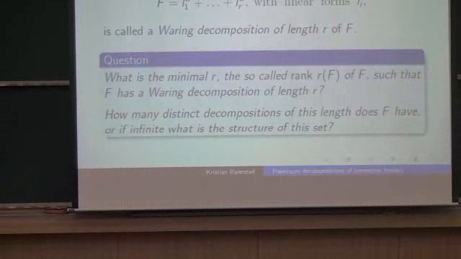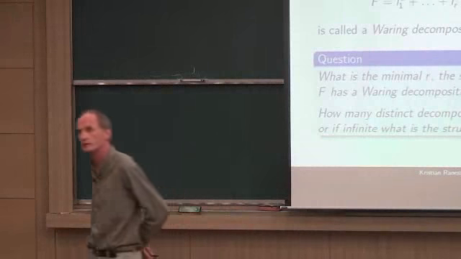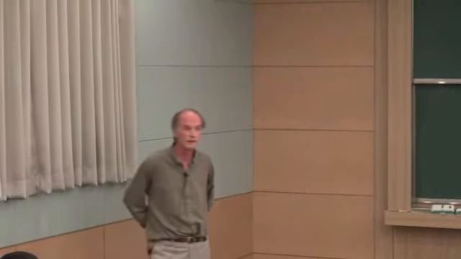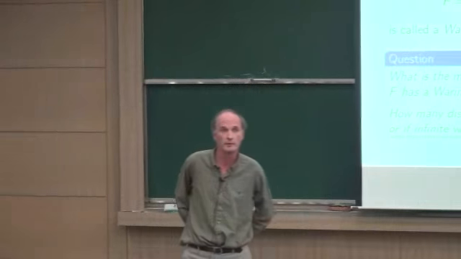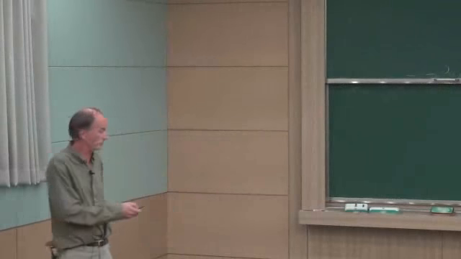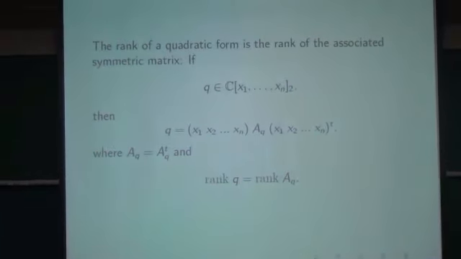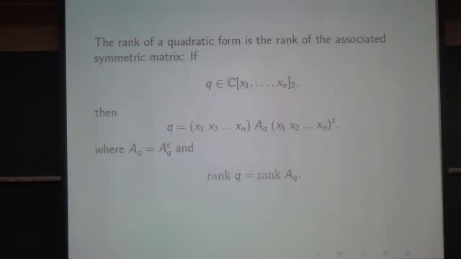So let's start with the first non-trivial case. The trivial case, of course, is a linear form. A linear form is a power of a linear form, and there is everything you know about that. So let's go to the next case, that's for quadrics. If you have a quadratic form, the rank is equal to the rank of the associated symmetric matrix.